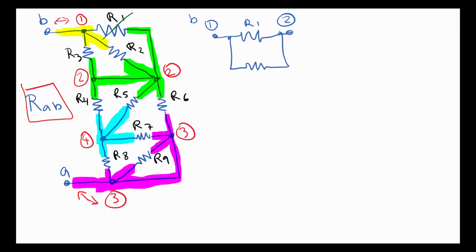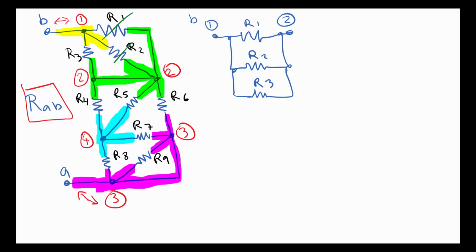So between node 1 and node 2 we have R2, and then let's scratch that one out and go on to the next resistor, and we see that R3 is connected between node 1 and node 2. So let us write R3 as well. Those ones happen to be connected in parallel.